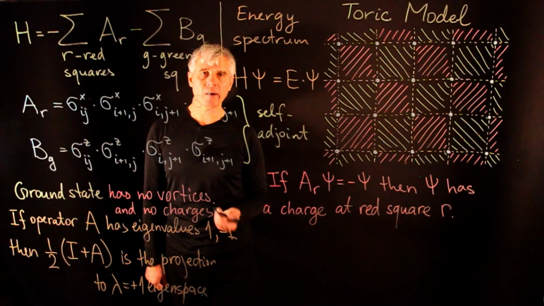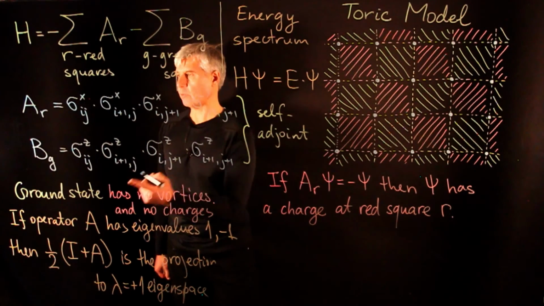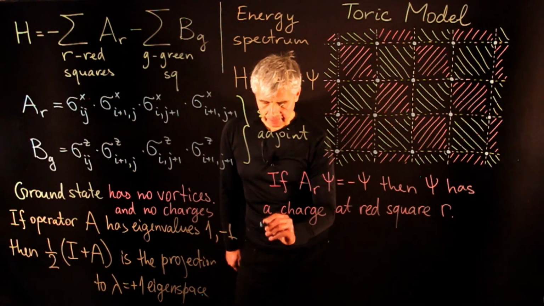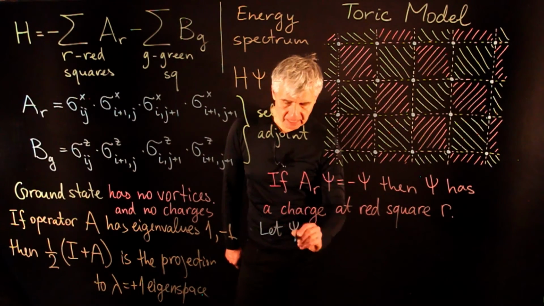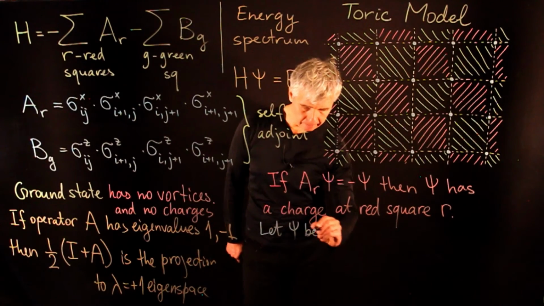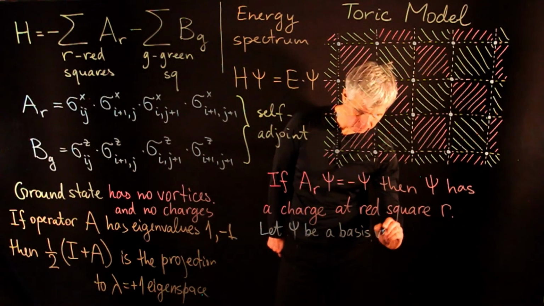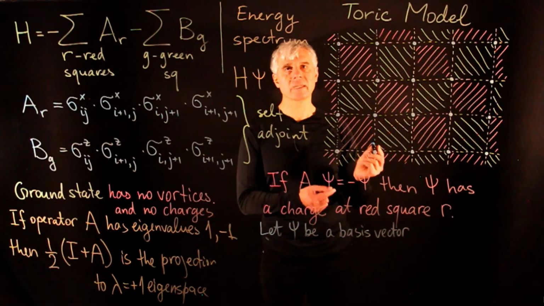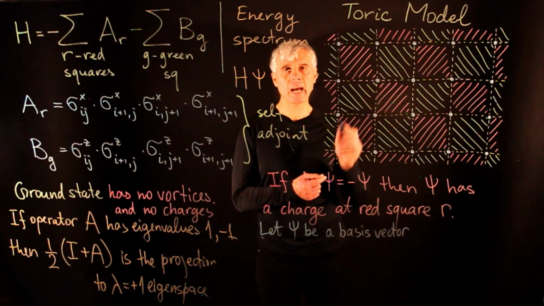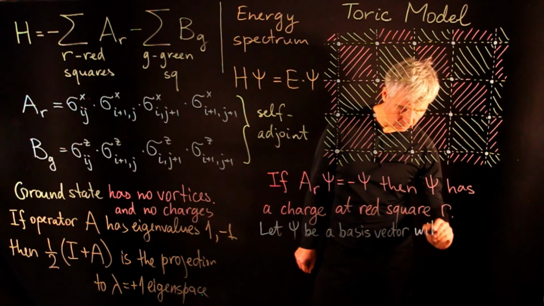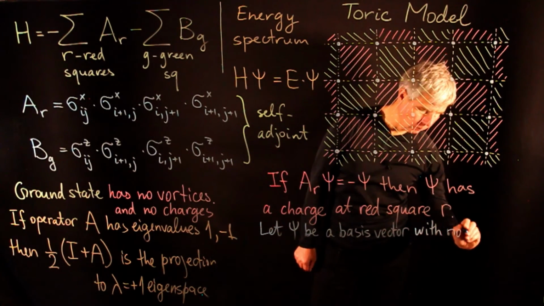Now let us show how we can construct ground states for this quantum system. We start by taking psi to be a basis vector. This means it's a tensor product of either up z vectors or down z vectors with no vortices.